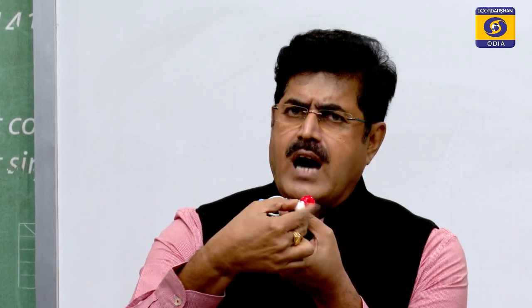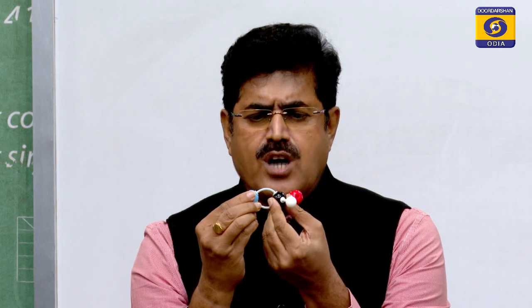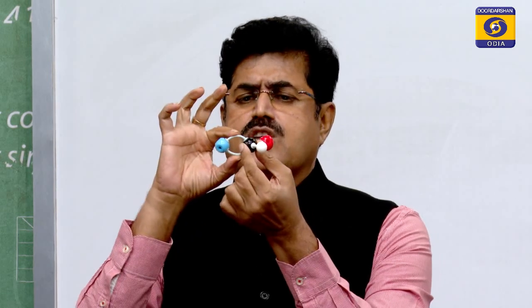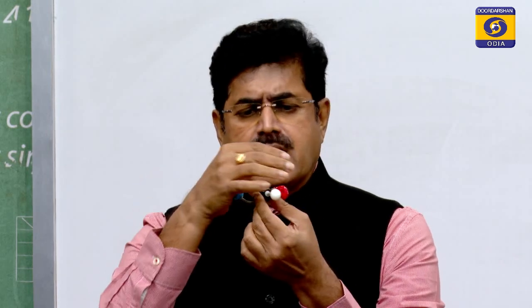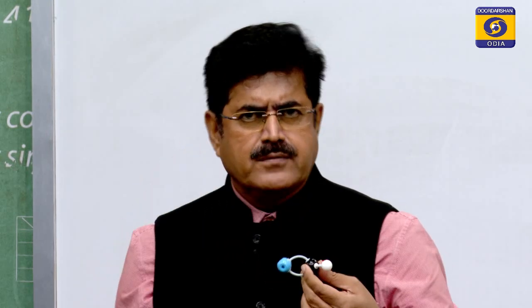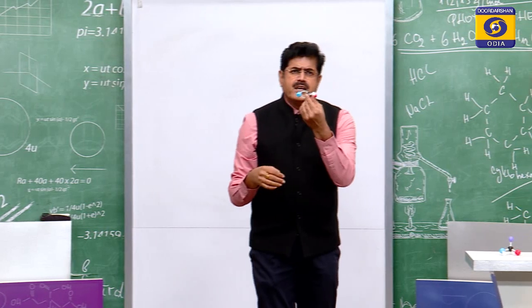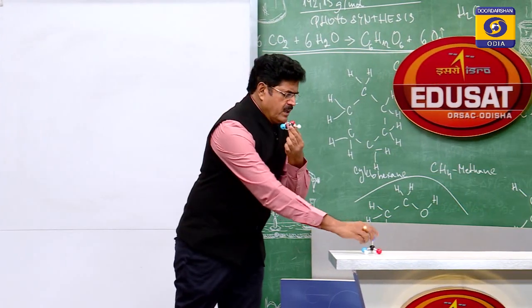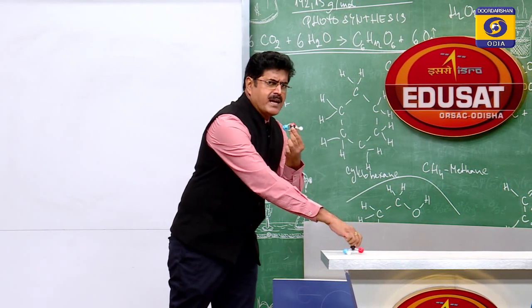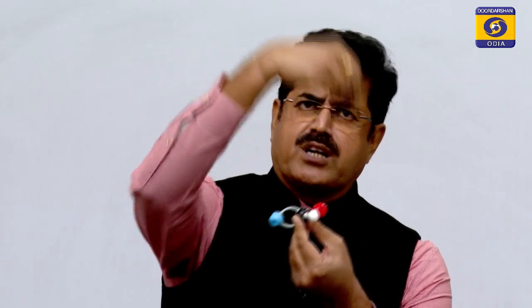This is hydrogen, this is oxygen, this is carbon and this is the pi bond, which is perpendicular to the plane of the carbon oxygen sigma bond. Now, this is planar because carbon is sp2 hybridized.